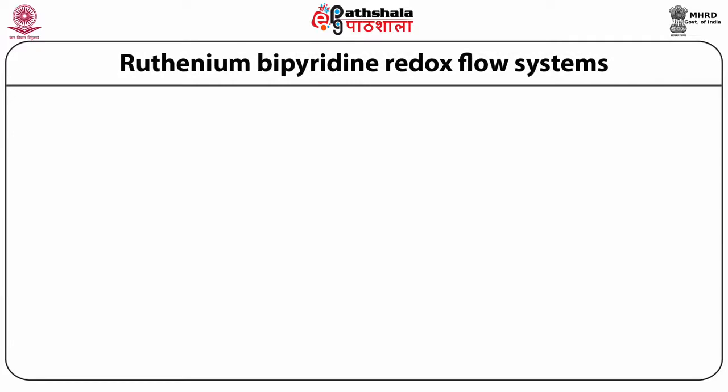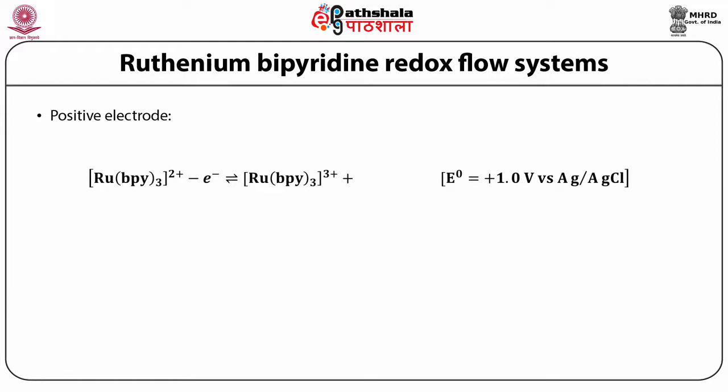There are certain reactions which govern this mechanism, explained as follows. At the positive electrode, Ru(bpy)3 2 plus minus 1 electron charges or discharges to give Ru(bpy)3 3 plus, with E0 equal to 1 volt versus AgCl.